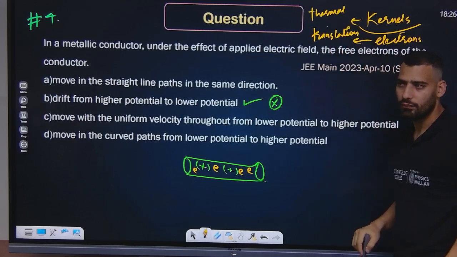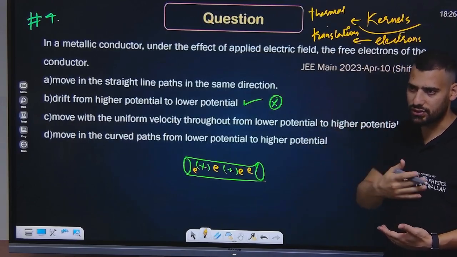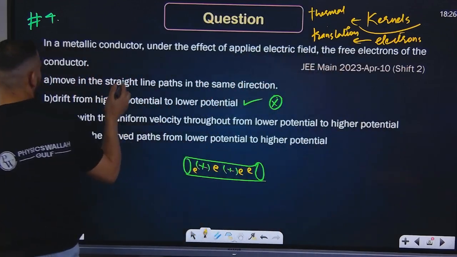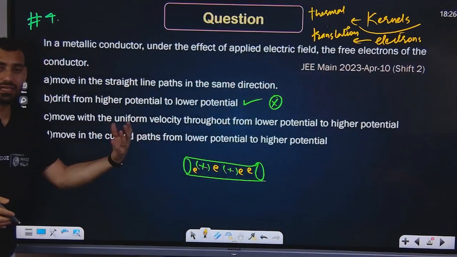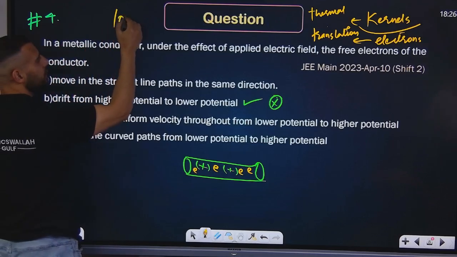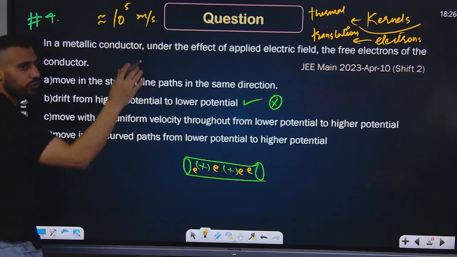Generally at room temperature, 27 degrees Celsius, which is 300 Kelvin, the translatory kinetic energy of these electrons is so high that their velocities reach the order of 10 raised to the power 5 meter per second, which is so huge, right?